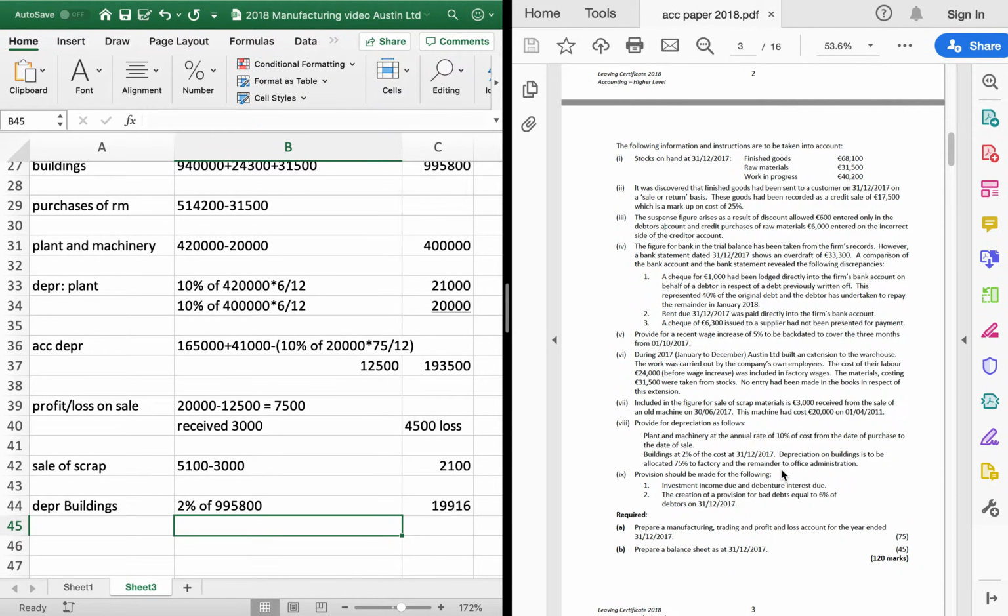Grand. So you're splitting that number up. It tells you depreciation is to be allocated 75% to the factory and the remainder to office.